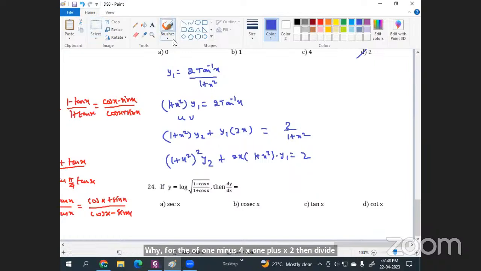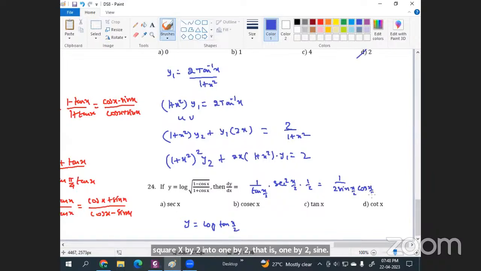So we can write y equal to log of tan x by 2, by formula. So dy by dx equal to 1 by tan x by 2 into secant square x by 2 into 1 by 2. That is 1 by 2 sin x by 2 cos x by 2, you get it. Then that is 1 by sin x, you will get cosecant x. B is the right option.